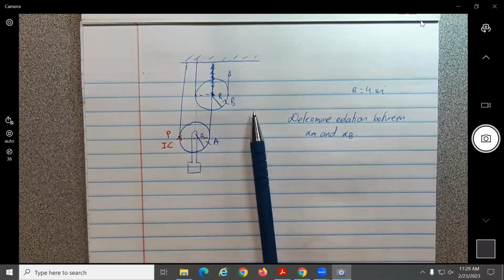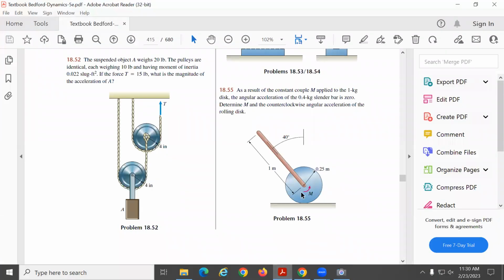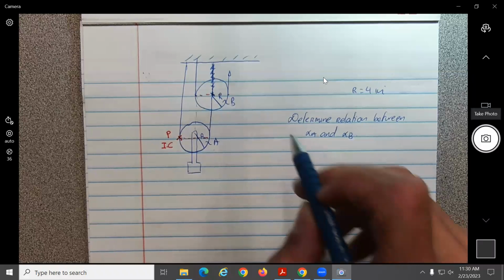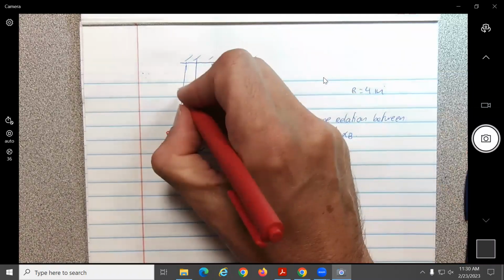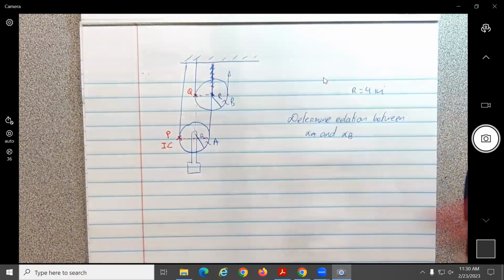What is this one here? Is it tangent or is it at the figure? Yeah, I mean, this one will also be then an instantaneous center, no? So you want to call that one Q or PQ?